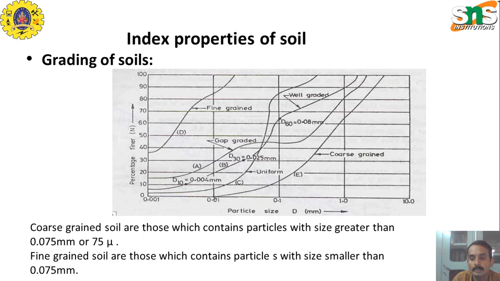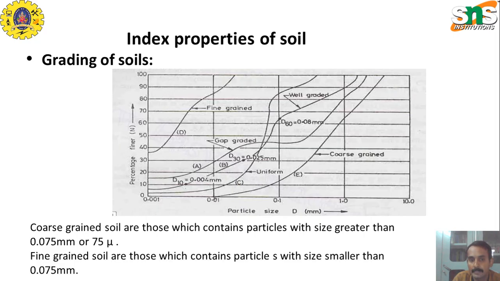So the gradation curve is further classified into three different types. One is well graded, next is uniformly graded, and the third is gap graded. The well graded soil contains particles of various sizes in equal proportions. It contains particles of all sizes ranging from 4.75 mm to 75 micron, which is distributed in definite proportion.